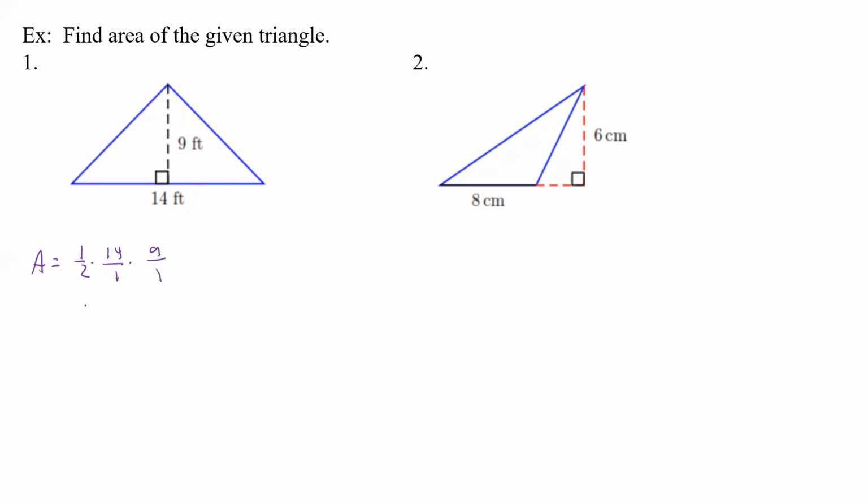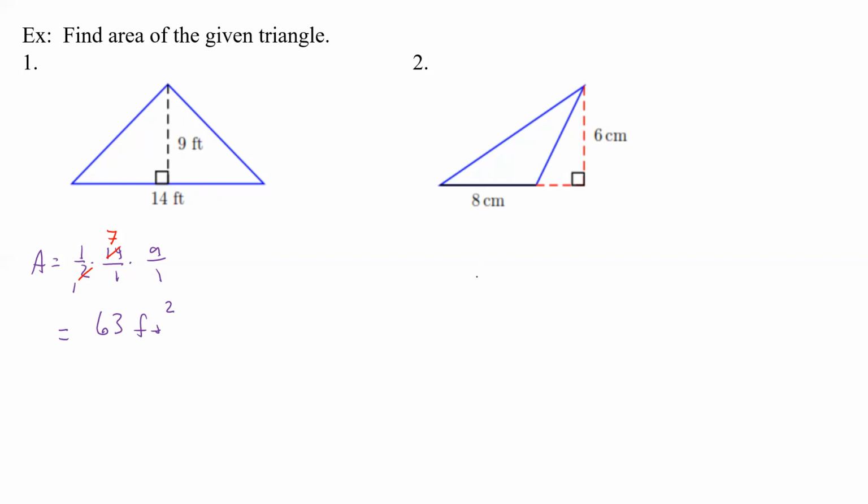Okay, well now we can cancel, and the 2 will go into 14 7 times. And so what does that leave us? Well, that leaves us with 7 times 9, or 63 all over, oh, we forgot to write that as a 1. 1 times 1 times 1, which is 1. And then we have feet, so it's going to be feet squared.